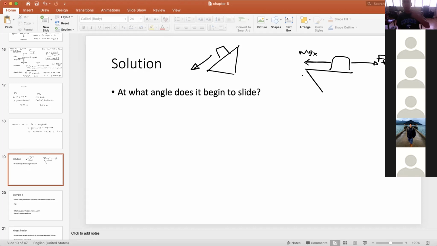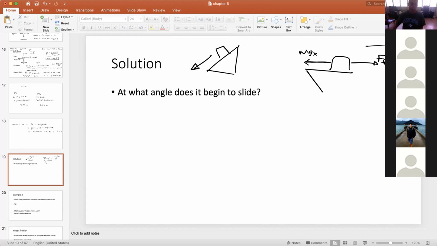But then, doesn't the a represent the way it's supposed to go though? No, the a represents which way I'm calling positive. And unfortunately, Wiley loves to go up the incline as positive a. So I left it at that. That's how Wiley does it.